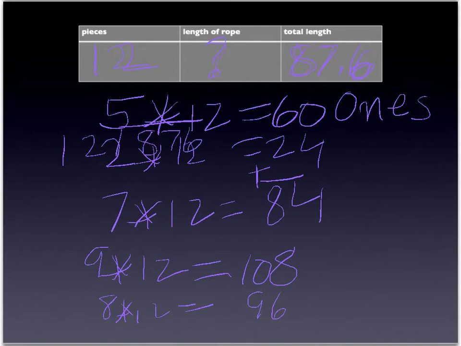I know that 12 times 5 is 60, so 12 times 50 is 600. Let me subtract, and I get 276.